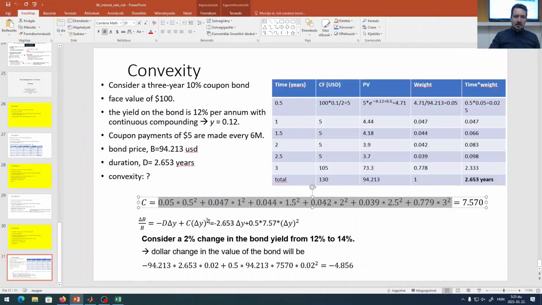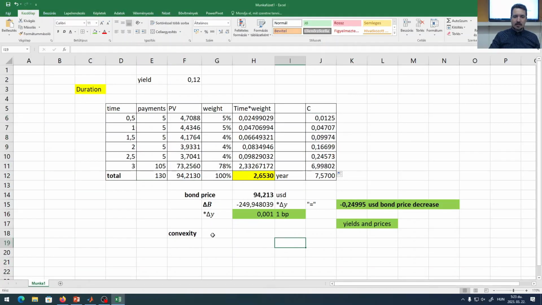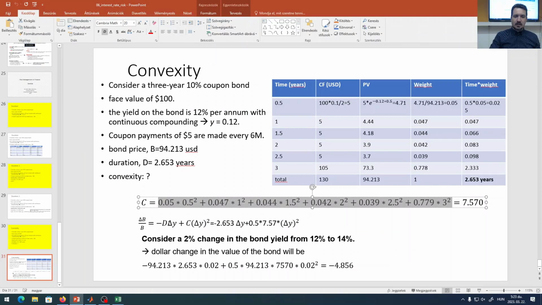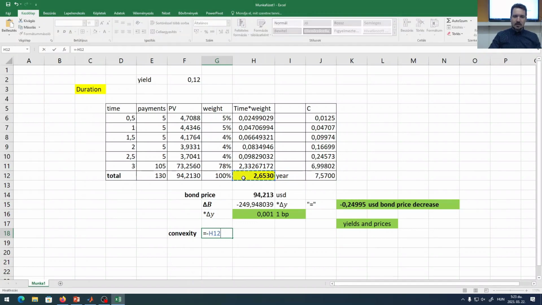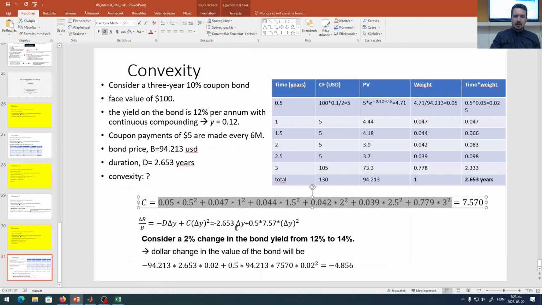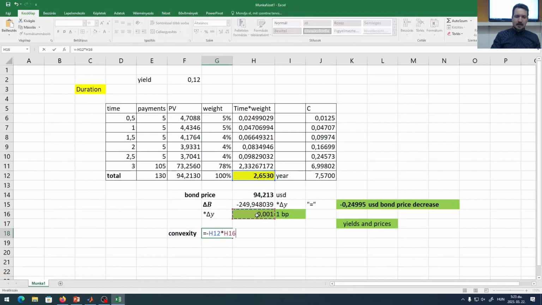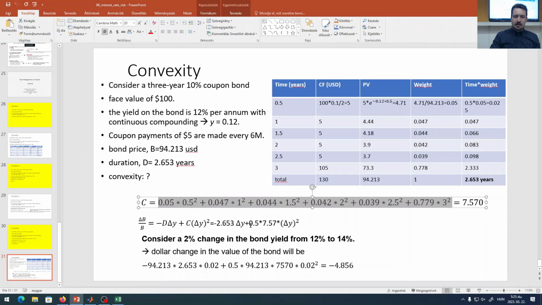And yeah, because this one is all the square of the yield changes, and after that we just have to say that okay, if the price of the asset will change a lot, and the asset is a bond, then we just have to say that okay, this negative number, the duration multiplied by the delta of the yield, so we have this number here, plus the C. Which one is the C?